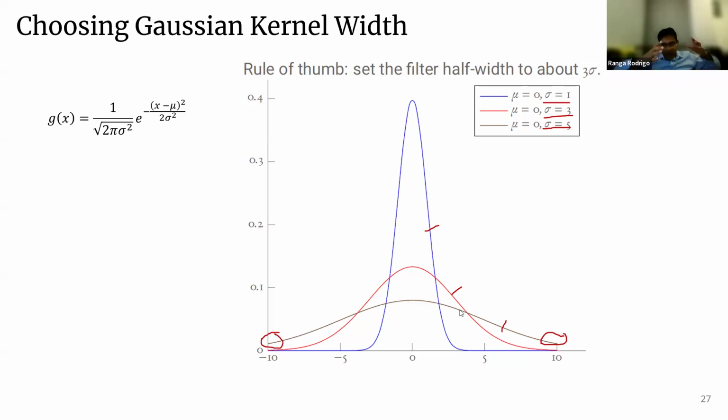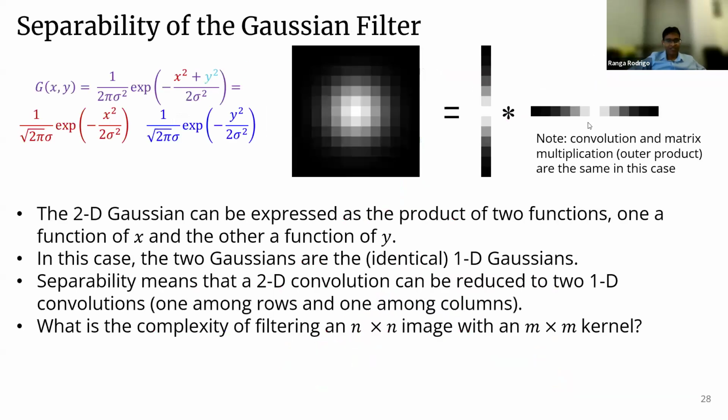Therefore, the full effect of the Gaussian is not there in the black curve because we have curtailed it from -10 to 10. For sigma equals 1, it has been already curtailed and we have too much kernel size for that. Sigma equals 10 may be the optimal size. So the rule of thumb is to set the filter half width to about 3 times sigma. That's the rule of thumb when you construct Gaussian kernels.